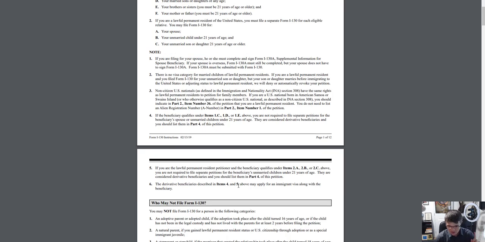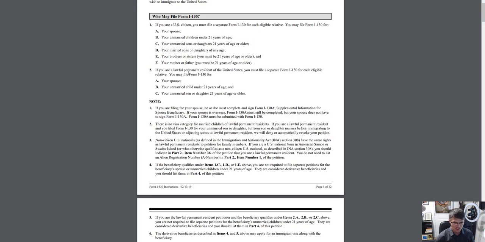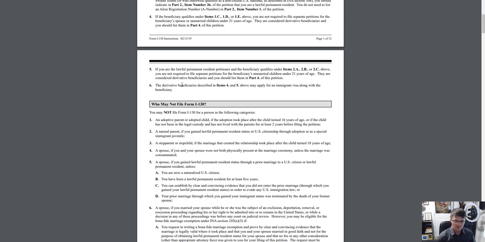So, if you are a lawful permanent resident petitioner and the beneficiary qualifies under 2A, your spouse, 2B, your unmarried children, or 2C, your unmarried son or daughter, you are not required to file separate petitions for the beneficiary's unmarried children under 21 years of age.